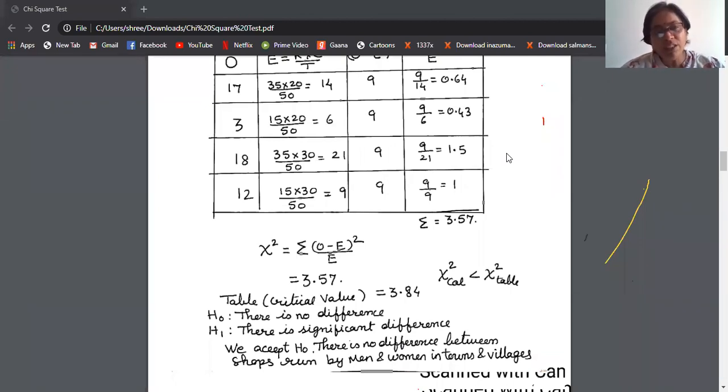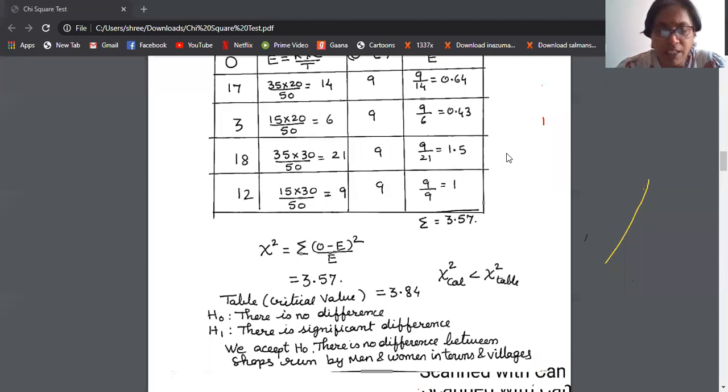Just for your extra information, the table value is based on the number of rows and columns that your sum has. Here we have 2 rows and 2 columns.